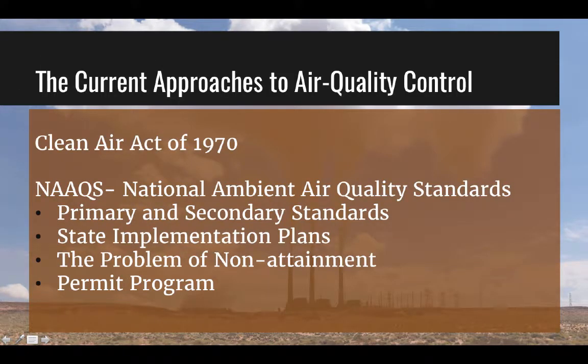Permit Program. In 1990, the Clean Air Act amendments required all large and most small sources of air pollution to get a 5-year permit. These permits must list limits for all pollutants the entity will emit.